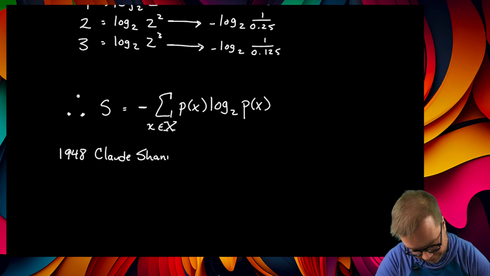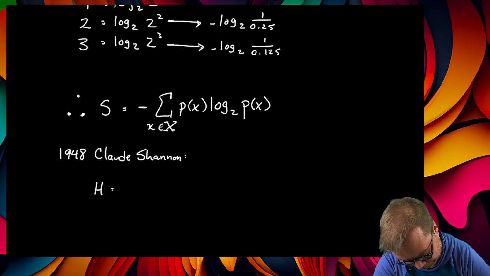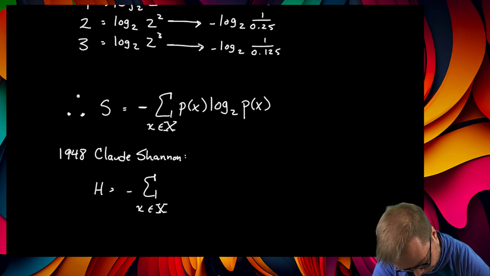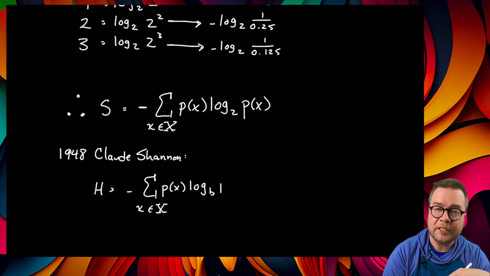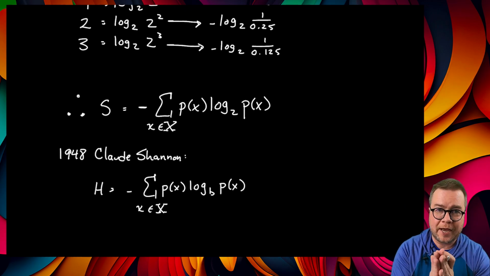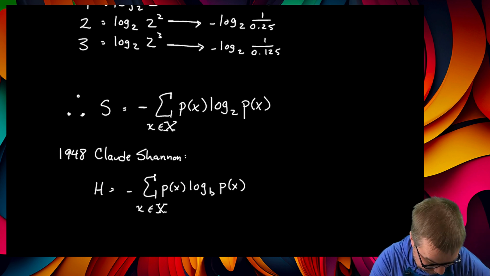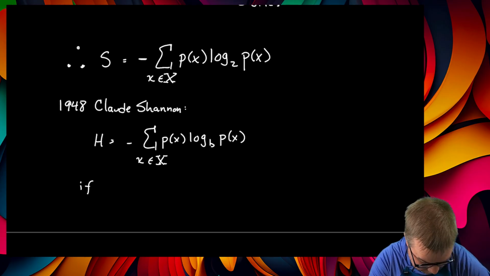So in general, you could write this, I think he called it H, but you could define H as minus the summation over these different options from all of the possible ones, the probability that that thing will occur, and let's just say log base B of P of X. All right, and again, we chose B equals 2 because every time we ask a yes or no question, there's 2 answers, and so we kind of split off from this. If we set the base to be 2, then the units of the Shannon entropy are bits.